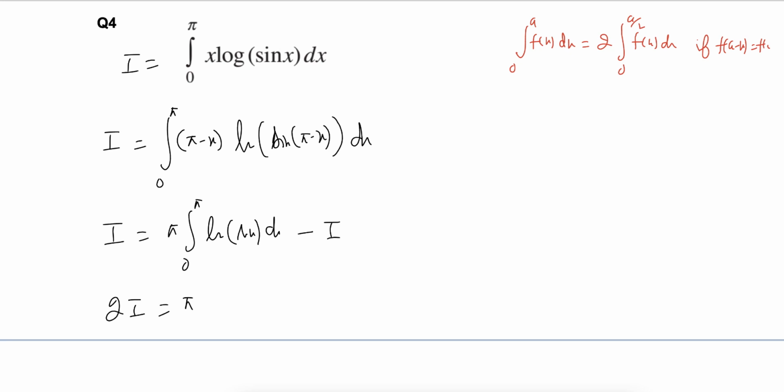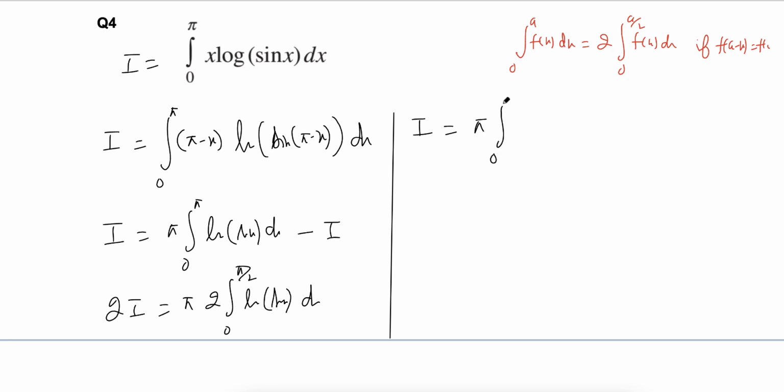So we can simply write this one as 2 into 0 to pi by 2 ln sin x dx. So finally you are going to get I equal to pi into 0 to pi by 2 ln sin x. This we did in the class itself.